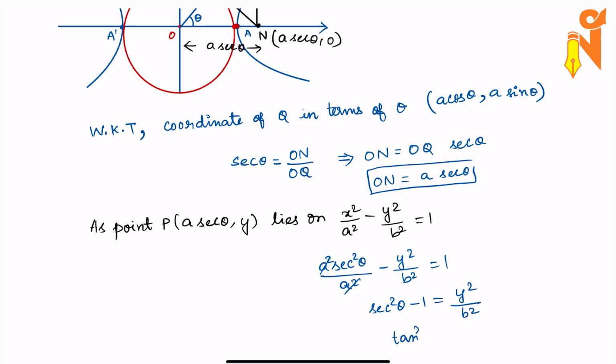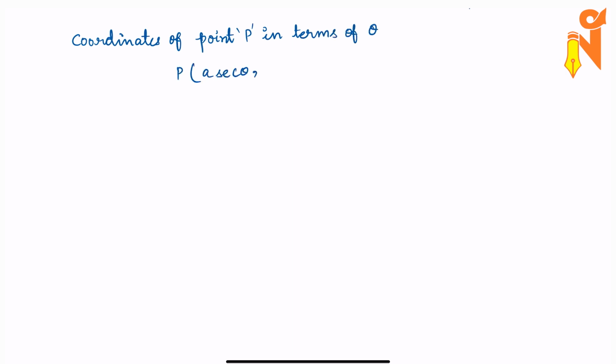Secant square theta minus 1 is tan square theta, which implies y is equal to b tan theta. So the conclusion here is the coordinates of point P in terms of eccentric angle theta are a secant theta comma b tan theta. Since the point P lies on the hyperbola, these are nothing but the parametric coordinates of the hyperbola.